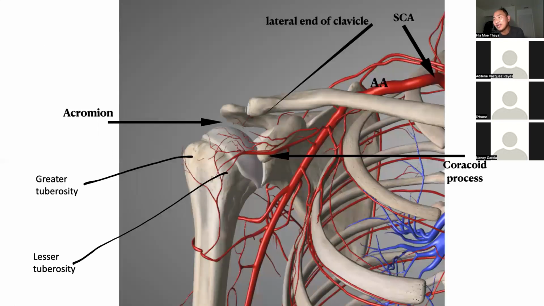And if we look around the shoulder, let's try to remind ourselves about the skeletal anatomy. We have the clavicle, look at that clavicle here. The clavicle will come and meet the acromion. This is the acromion. And the joint between the clavicle and acromion is called the acromioclavicular joint.